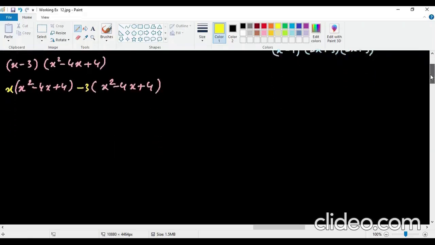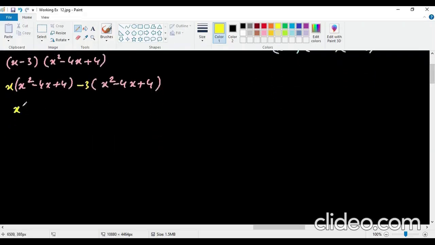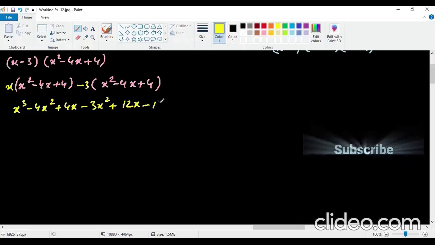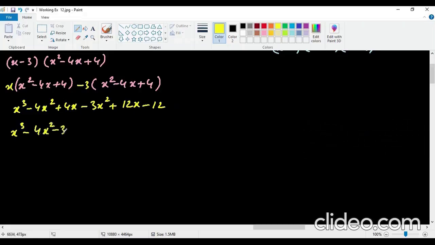So in here, this is going to give me x³ − 4x² + 4x − 3x², minus times minus is a plus, 3 times 4 is 12x, and minus times plus is a minus, 3 times 4 is going to give you a 12. Bringing like terms together: −4x² and −3x² together, and +4x and +12x together.